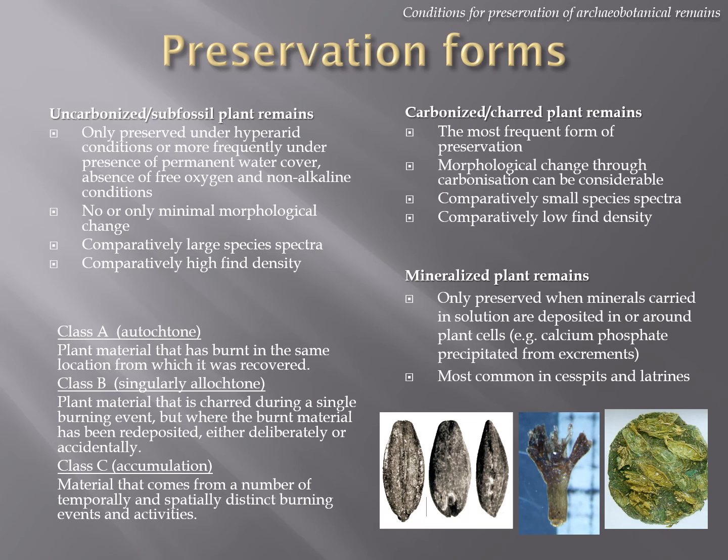Morphological change through carbonization can be considerable, and mechanical destruction is common. Thus, identification of carbonized material can be problematic. The species spectra are generally smaller, as with uncarbonized plant remains, because there is increased selection through humans with household activities, and taxa from natural stands usually are absent in household contexts.